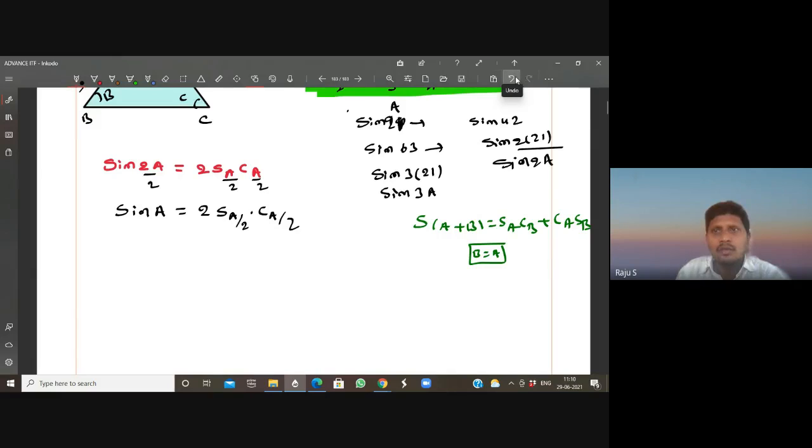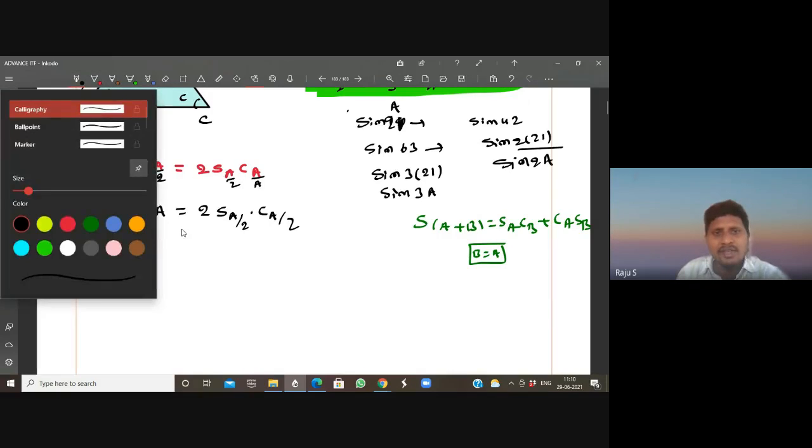I want to replace A by A by 2. It is not like the 2 gets cancelled. Just replace A by A by 2, and we are going to get the sine A formula.